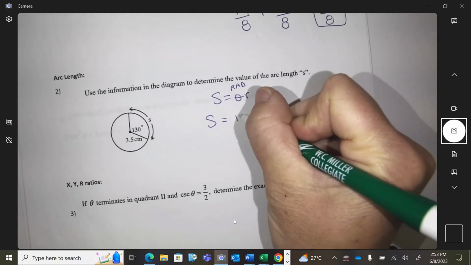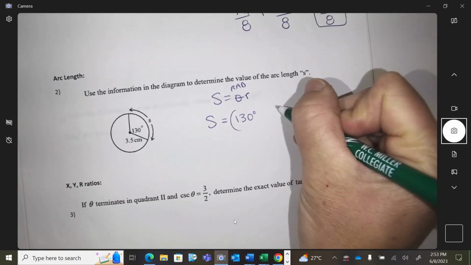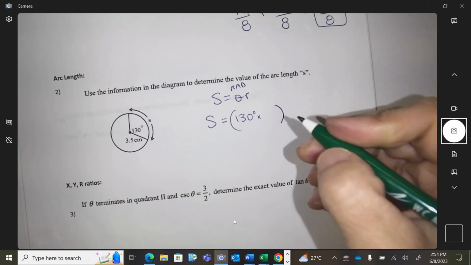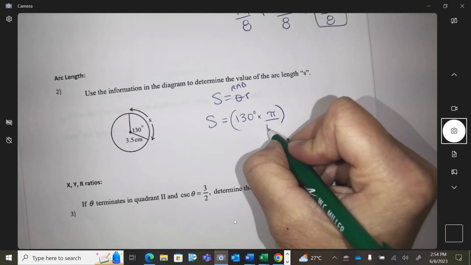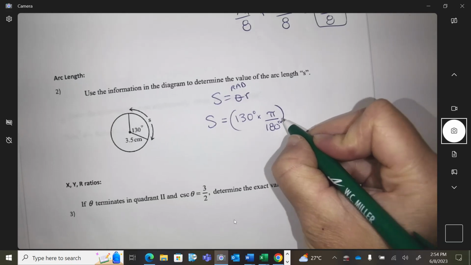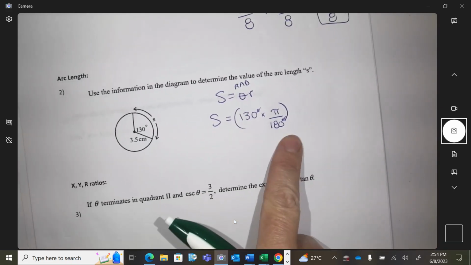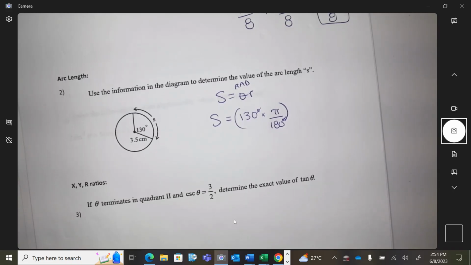So 130 degrees, I'm going to convert it to radians. Okay, I'm going to give you a multiple choice here. Should I times it by 180 over pi or pi over 180? Times it by pi and divide it by 180 because you can see that the degrees are going out. If you divide by degrees, the degrees would go.